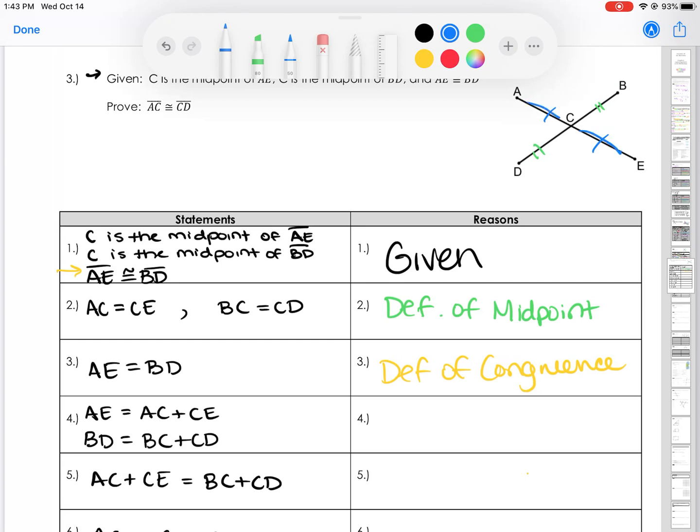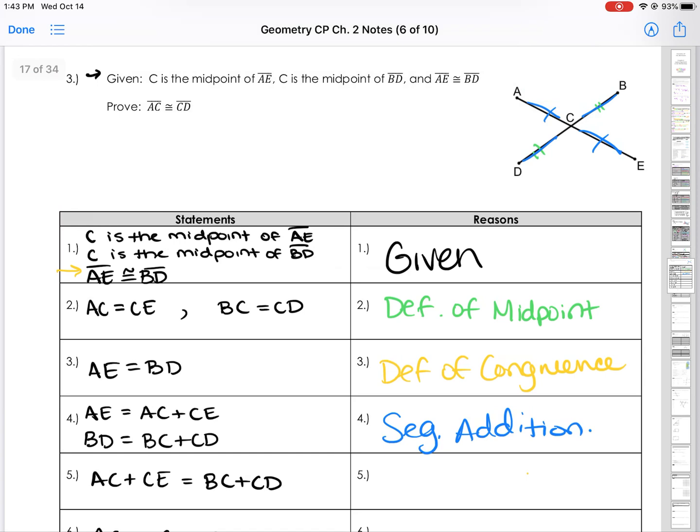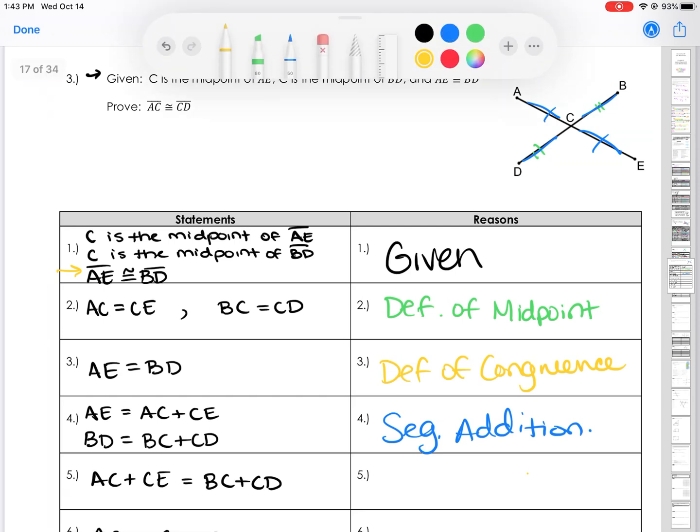Okay. In the next portion, it says that AE is equal to AC plus CE. That's segment addition. And then BD, same concept, is made up of BC plus CD. Same exact thing, we're still using segment addition. The next says that AC plus CE is equal to BC plus CD.